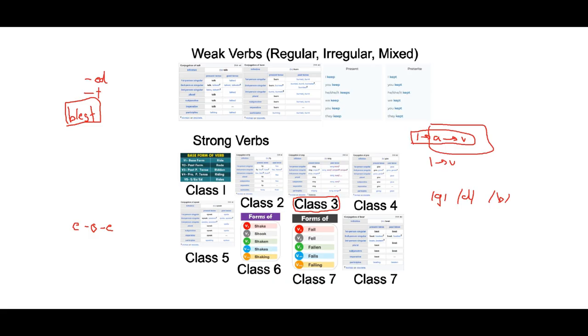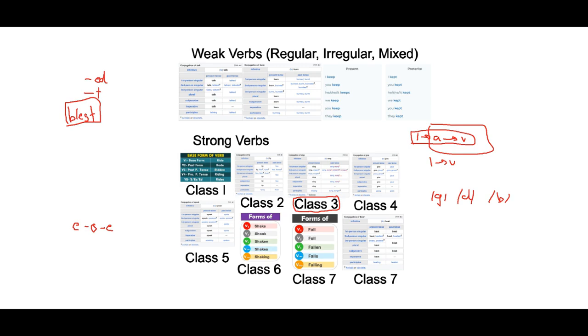So it's like the strangest. This is the most strange and irregular of the traditional Germanic strong verb classes. Unlike every other class, 1 through 6, the vowel gradation, which I've been calling ablaut, is used to form the tenses.